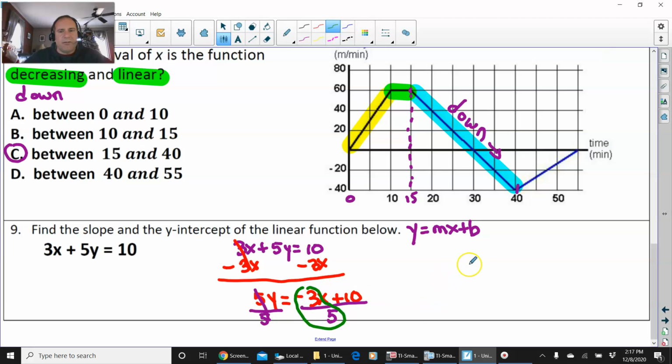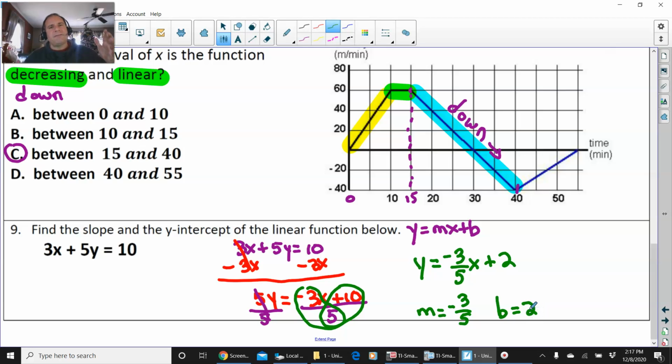Negative 3 over 5. So y equals negative 3 over 5 x. Don't forget the x. And then 10 divided by 5 is obviously 2. So the slope is negative 3 over 5. And the y-intercept is 2.